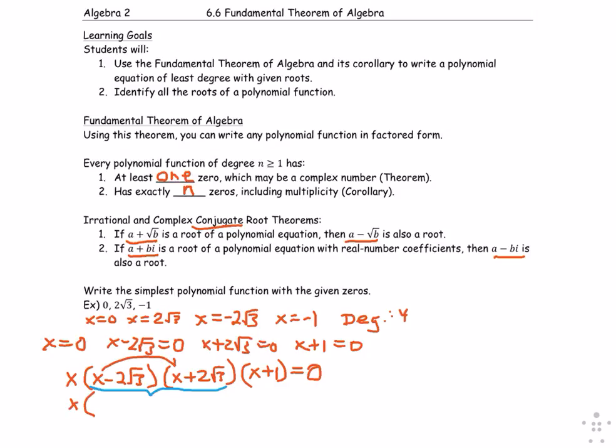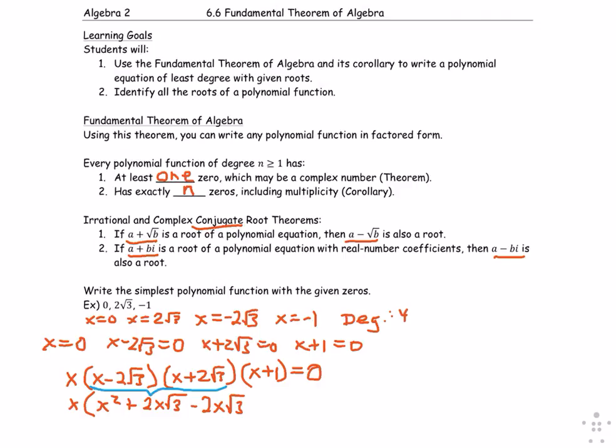So I have x times x for x squared, and then this is going to be a positive 2 x square root of 3, and then I'm going to have a negative version of that, and then I'm going to have the product with those two numbers themselves.